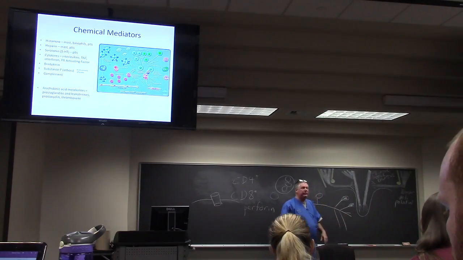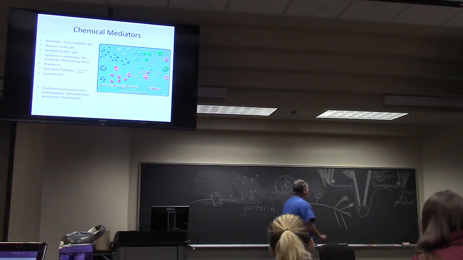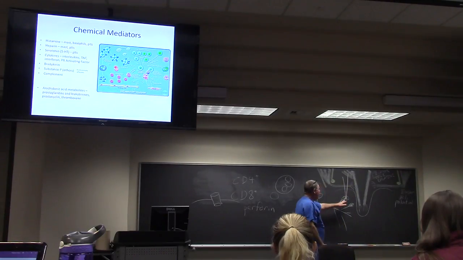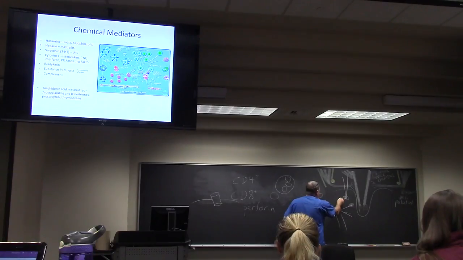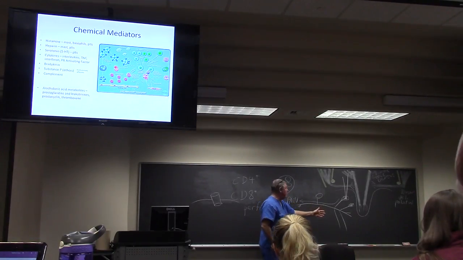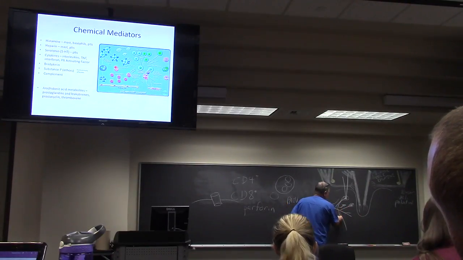So what happens is, I get a bee sting here. That stimulates pain, obviously. So the pain is going to go this way. The action potential. But the action potential also goes everywhere else.